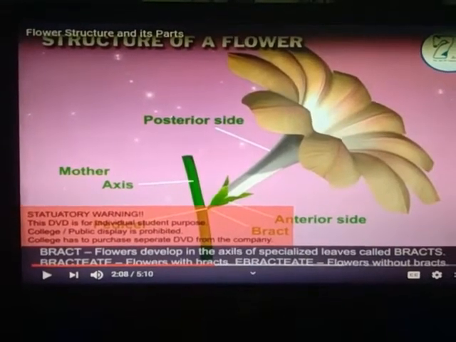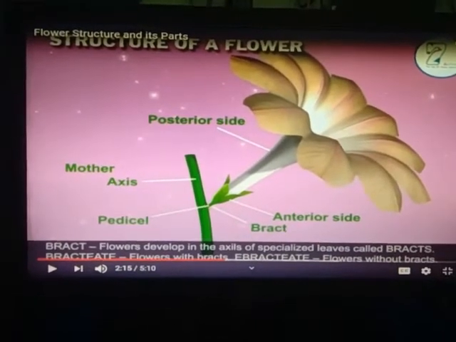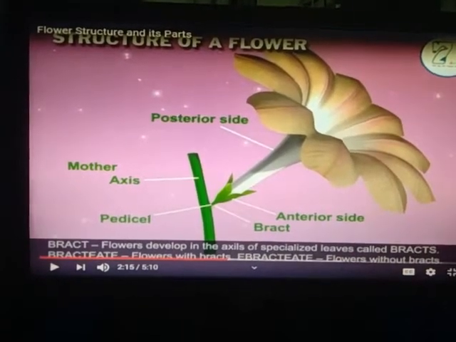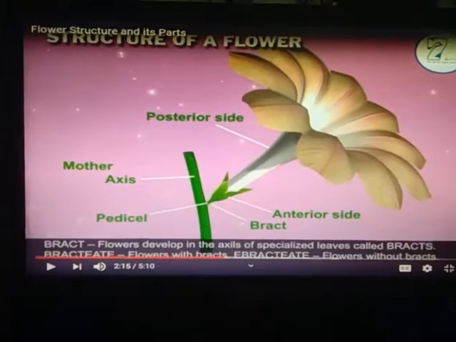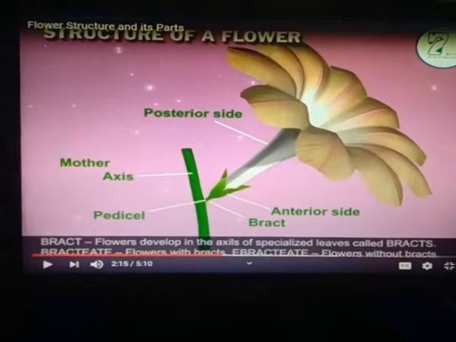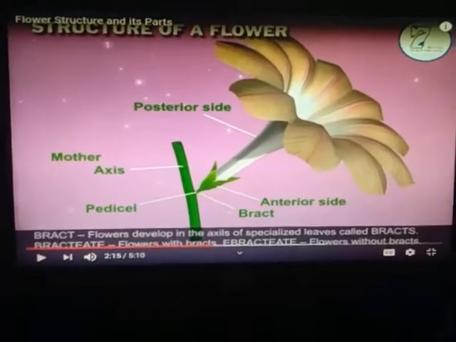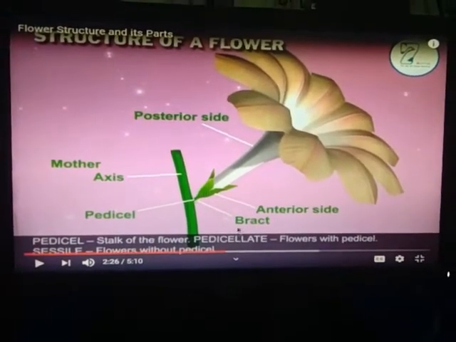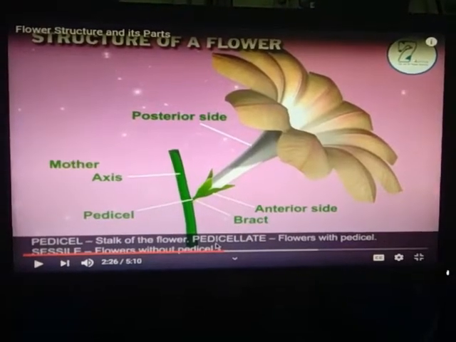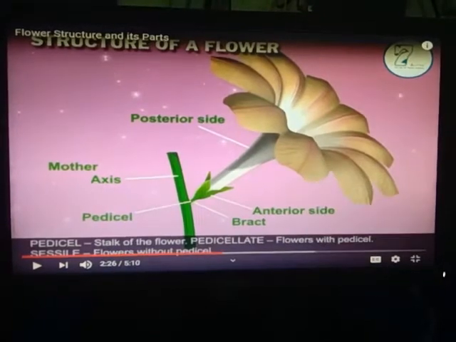Now we will discuss different conditions. Bracts: flowers develop in the axil of specialized leaves called bracts. A flower with bract is called bracteate, and a flower without bract is called ebracteate. The stalk of a flower is called the pedicel, and a flower which contains a pedicel is called a pedicellate flower.